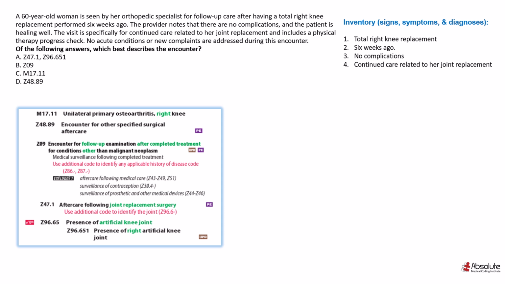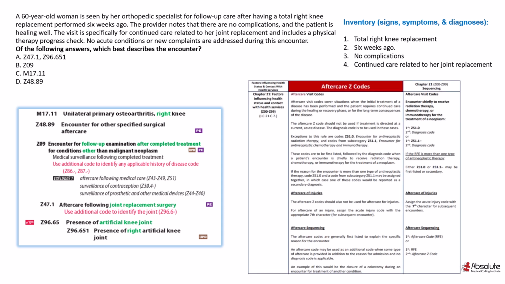So we are going to refer to guideline C21, C7 for solving this scenario, and it states that aftercare visit codes cover situations when the initial treatment of a disease has been performed and the patient requires continued care during the healing or recovery phase or for the long-term consequence of the disease.